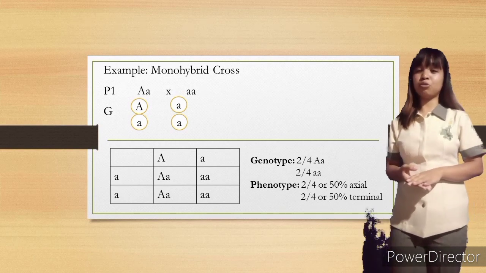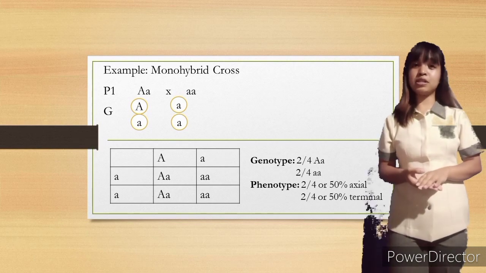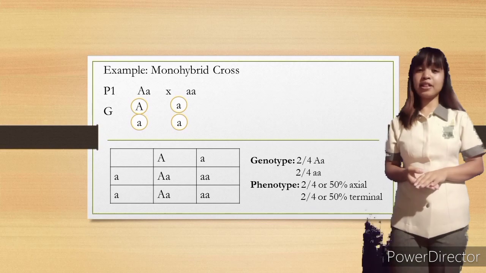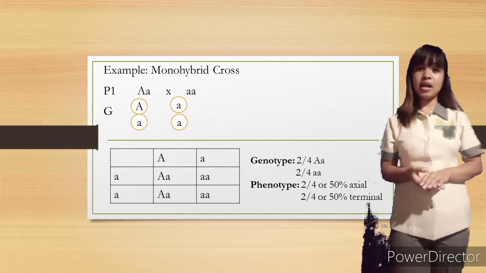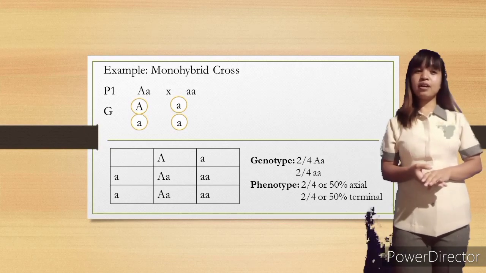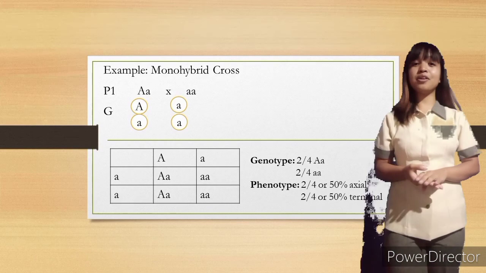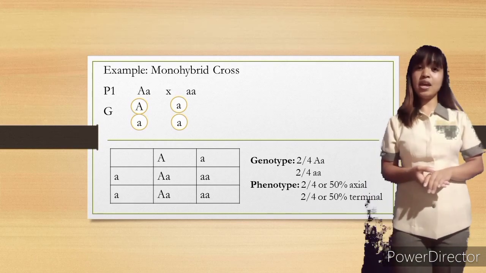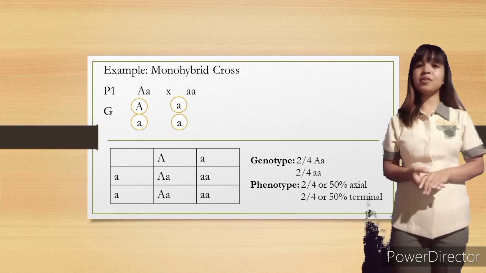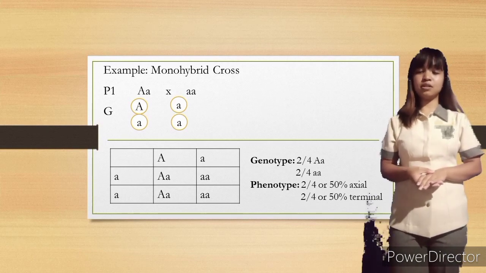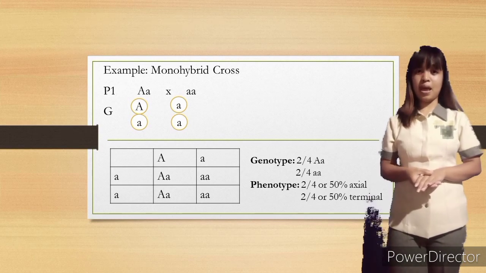We cross capital A with small a, and the offspring is heterozygous Aa. Again, capital A and small a, the offspring is heterozygous Aa. We can also cross small a with small a, the outcome is the recessive aa, and also small a with small a, and the outcome is also recessive aa.